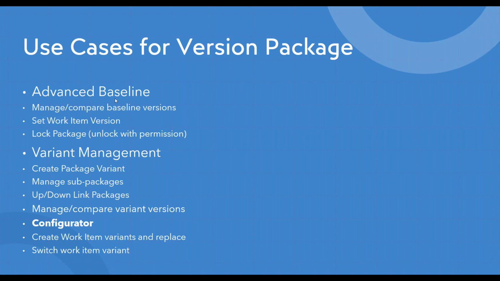So one is that version variant is an advanced use case, advanced baselining. So why is it advanced? What you can do is create a package, as I will show you right now, and lock it, but also unlock it if you have the right permissions, and version them. And so it becomes a baseline history in which you can set particular versions to a work item.